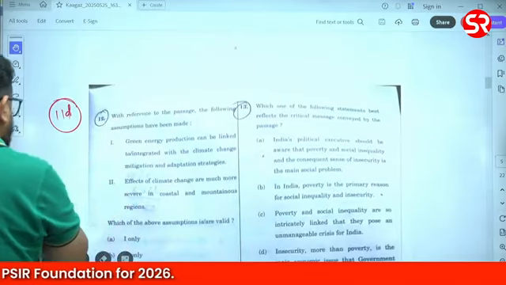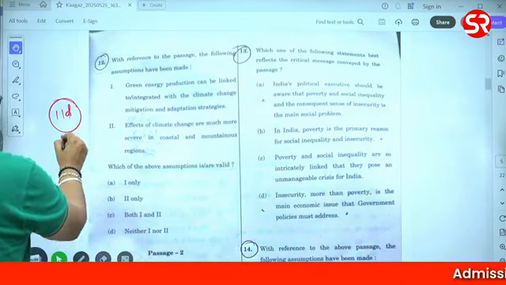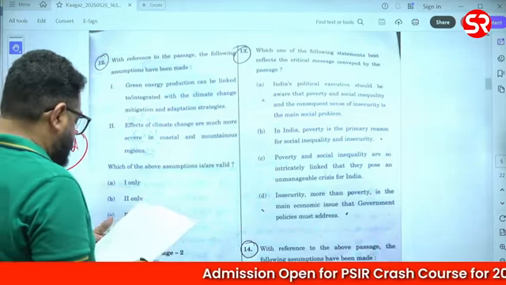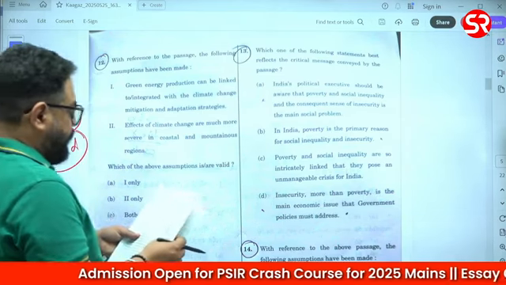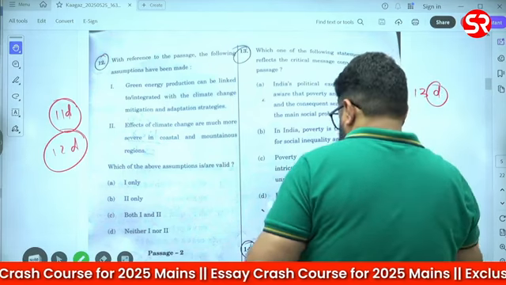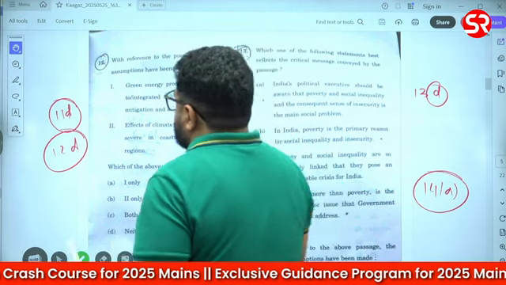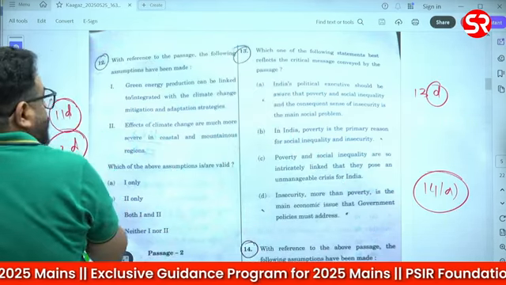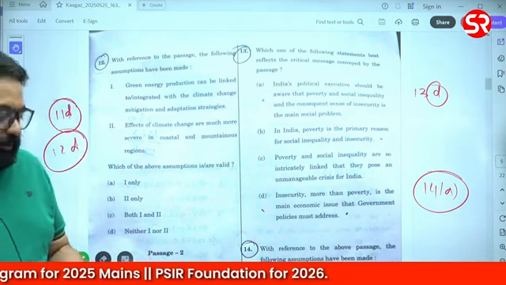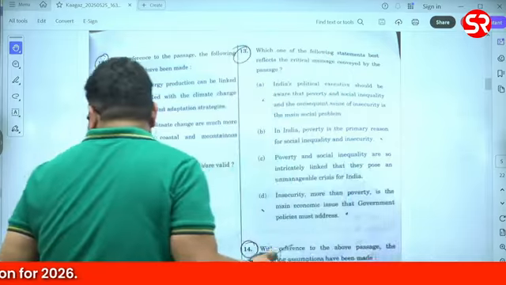And 12th is D. 13th is D. And 14th is A. These are 4 answers: 11th is D, 12th is D, 13th is D, and 14th is A. So that you get clear answers for your marks.